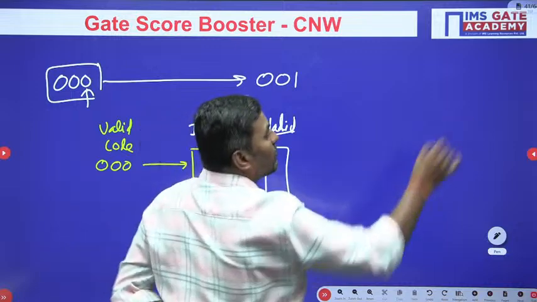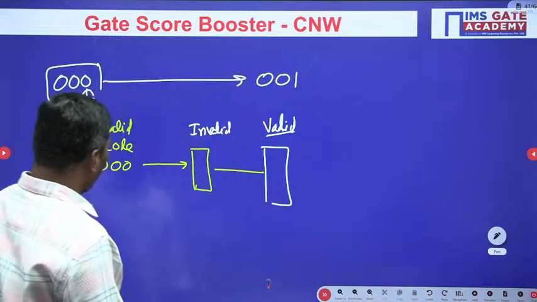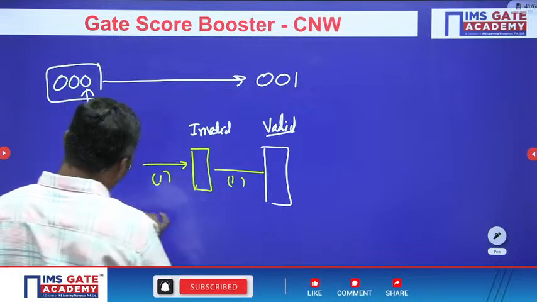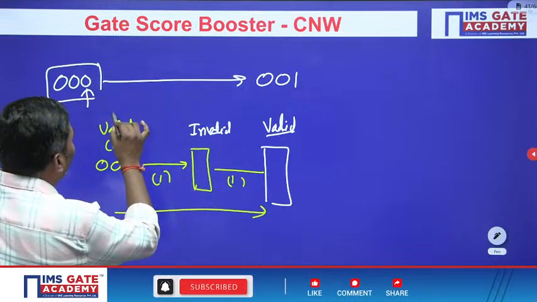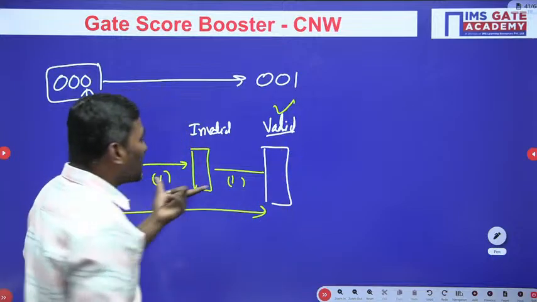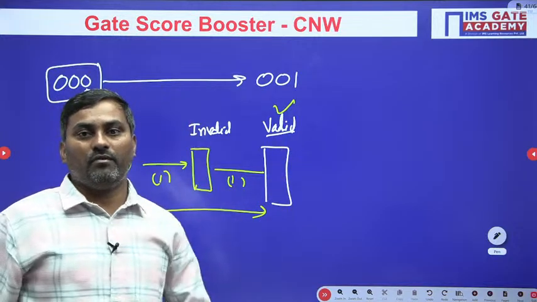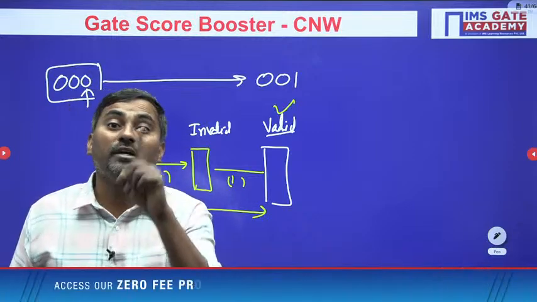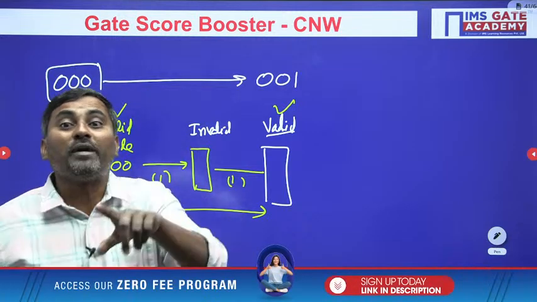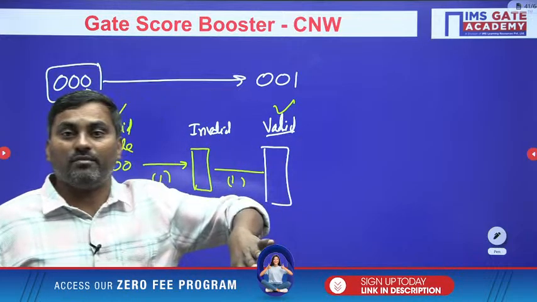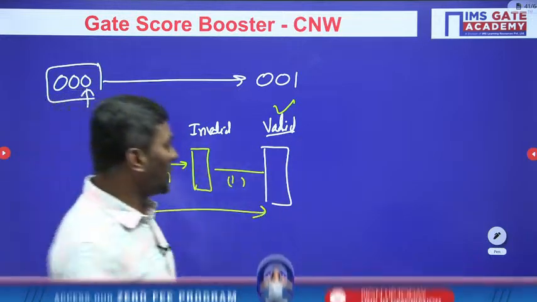Here is one distance, here is one distance, so the distance is 2. So the distance from a valid code to the next valid code is 2. So I can detect 1 bit error only. A 2 bit error I cannot detect with this distance. I need one more distance. This is detection.